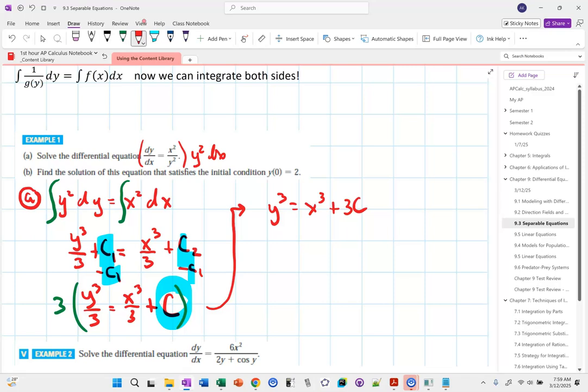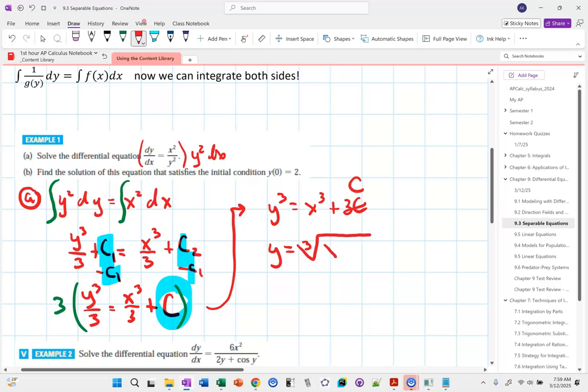But 3 times c is just still a constant, so I'm just going to call it c. I can give it a different name if I wanted to, but I'm just going to abuse the letter c. And then we'll cube root both sides. So far, so good.